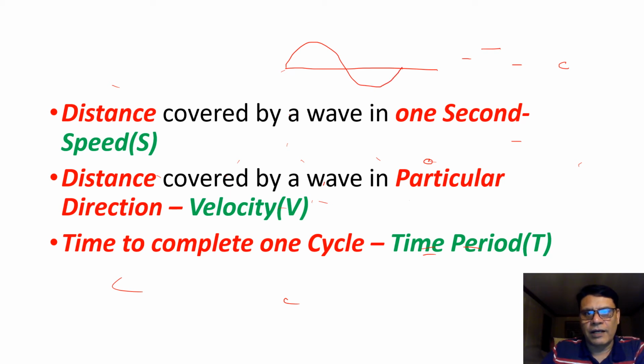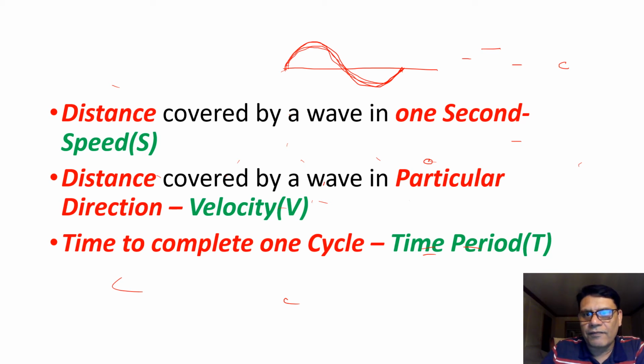Now I want to again make the difference: the time to complete one cycle is the time period, and the space occupied by one cycle is the wavelength.